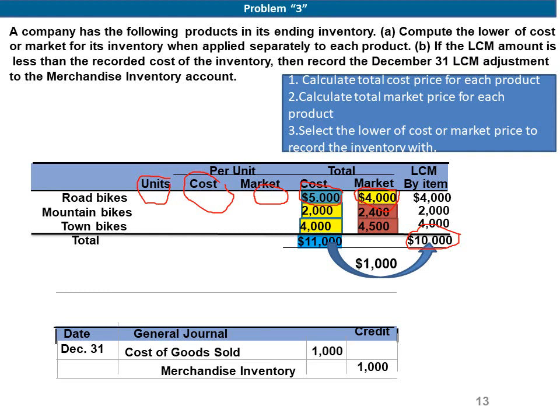This will give us 10,000. We need to compare the cost price with the lower of cost or market, and we will see that the difference is 1,000. This 1,000 represents a loss for the company, because what happened is the company acquired those goods at a cost price equal to 11,000 total.